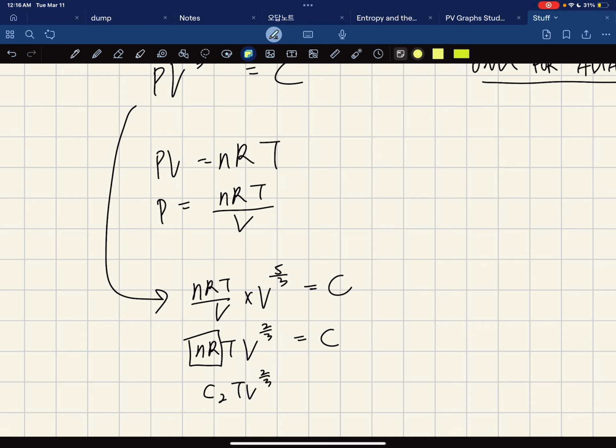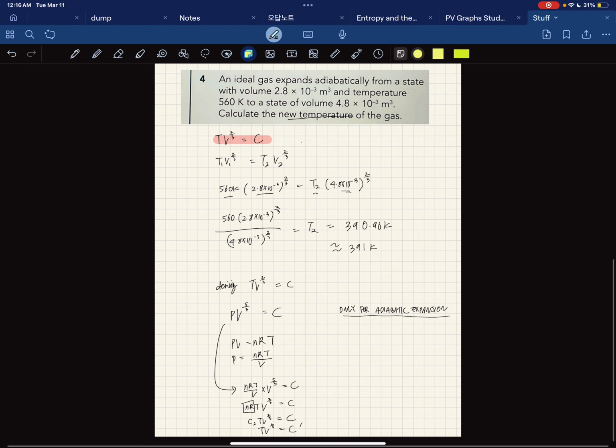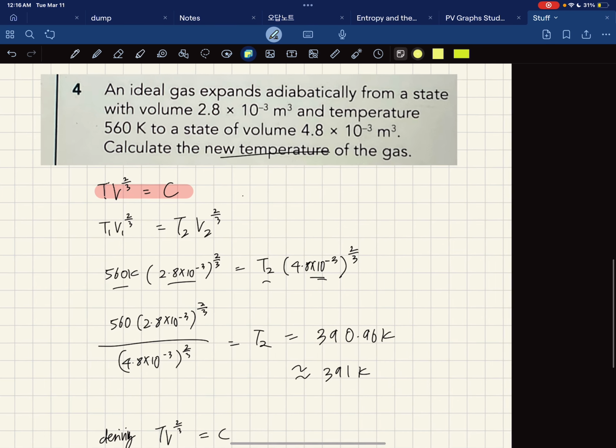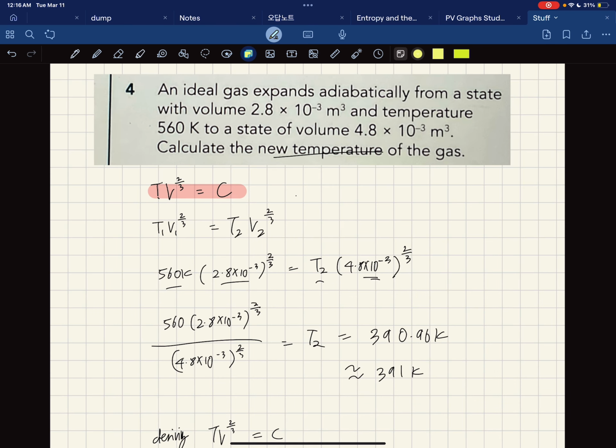TV to the power of 2/3 equals C divided by C2, which is just going to give another constant. So TV to the power of 2/3 is a constant. And there you have it. So if you see something that says adiabatic expansion and gives you temperature and volume only, then try to use this formula.